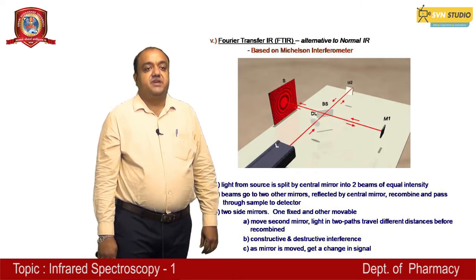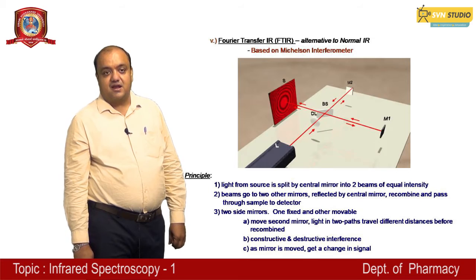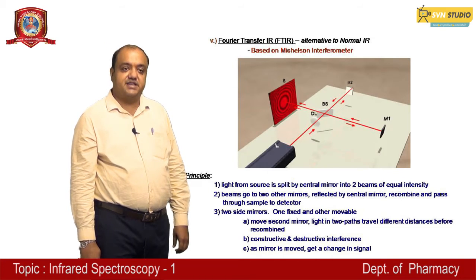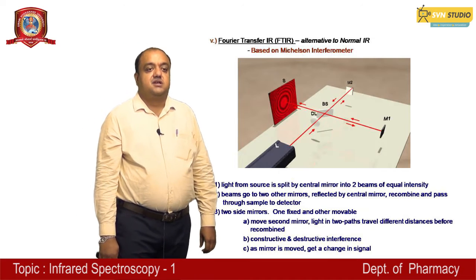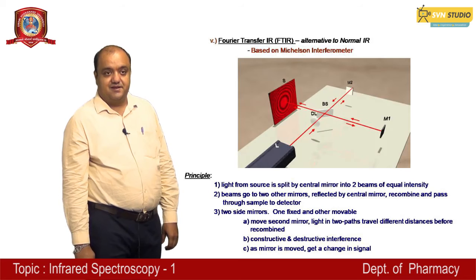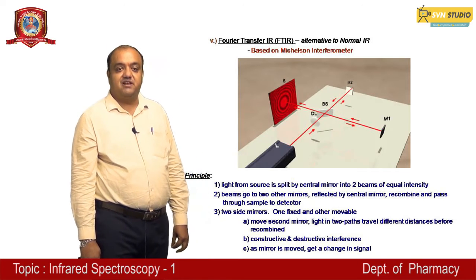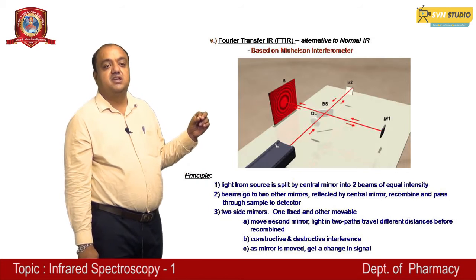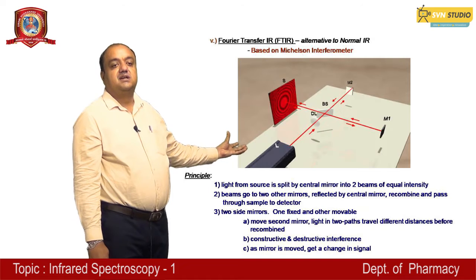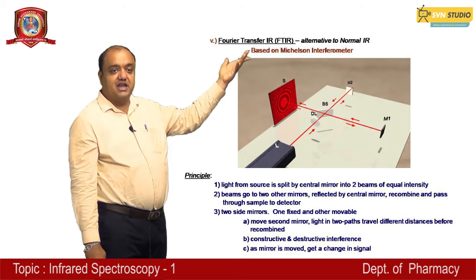Second, the beams go to two other mirrors and are reflected back by the central mirror, and recombine and pass through the sample to the detector. Third, of the two side mirrors, one is fixed and the other is movable. Moving the second mirror puts the light in two paths at different distances before they recombine, giving constructive and destructive interference. Last, as the mirror is moved, you get a change in signal.